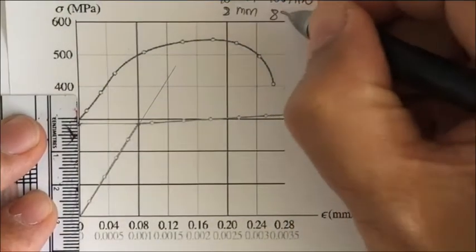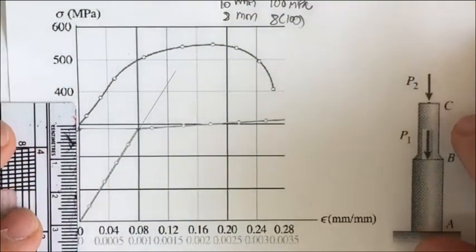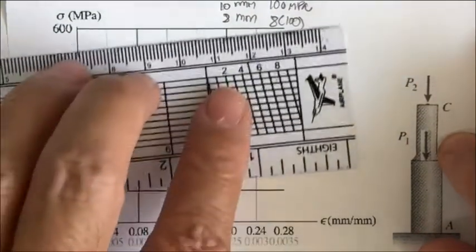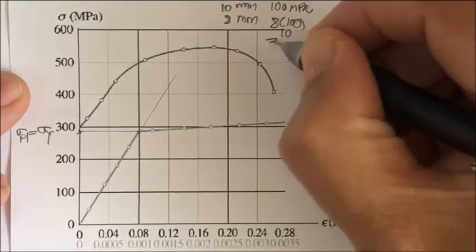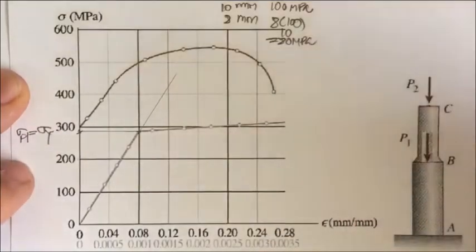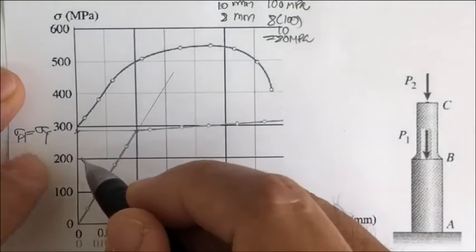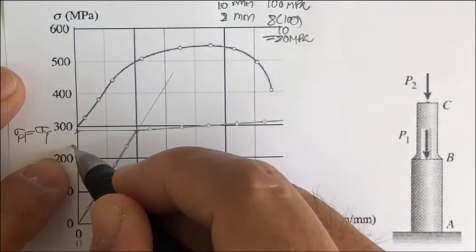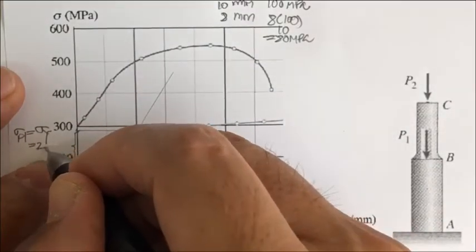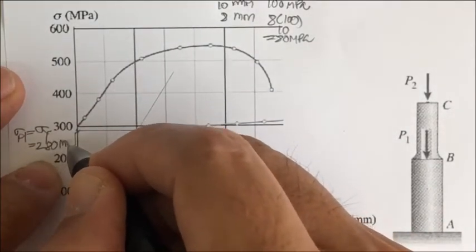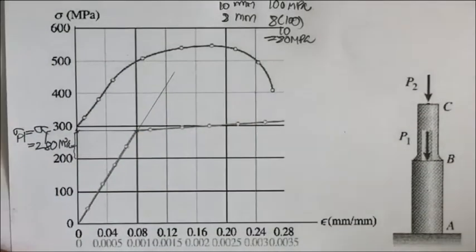So this is going to be 8 times 100, divided by 10, and then you get 80 megapascal. Okay, when this is 80 megapascal, that means you measure from this 80 megapascal. So your sigma sub PL should be 280 megapascal. Okay, you understand that, right?